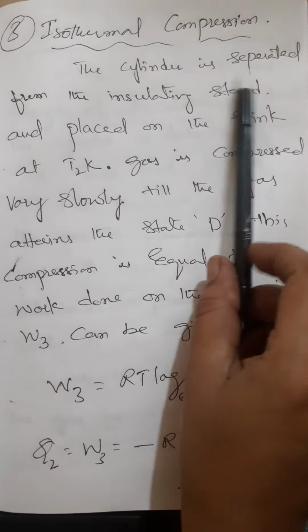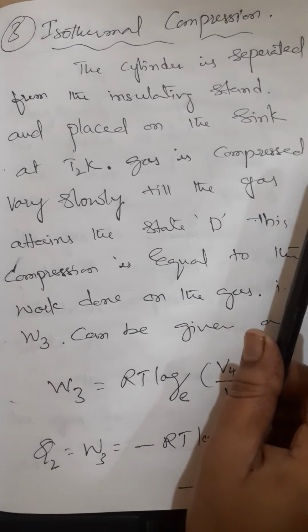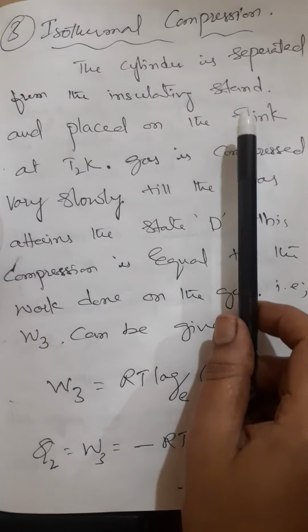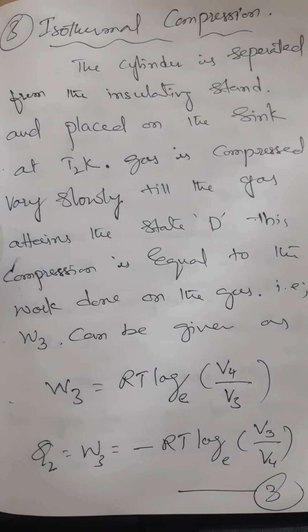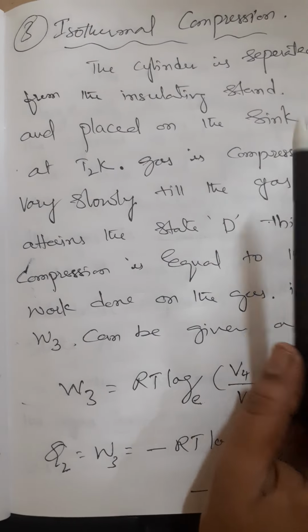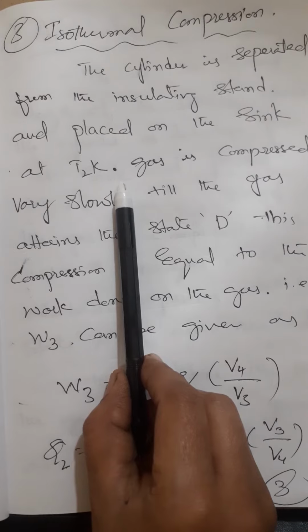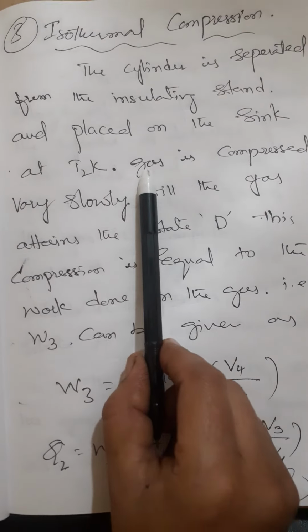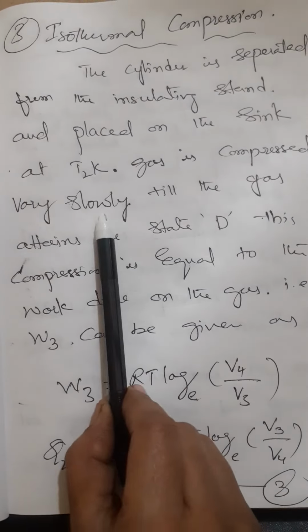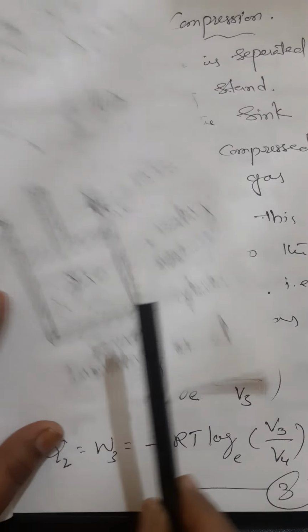So the cylinder is separated from the insulating stand and placed on the sink, where generally the surroundings are considered as the sink, at temperature T2 kelvin. Here the gas is compressed slowly, moving the piston downward slowly.